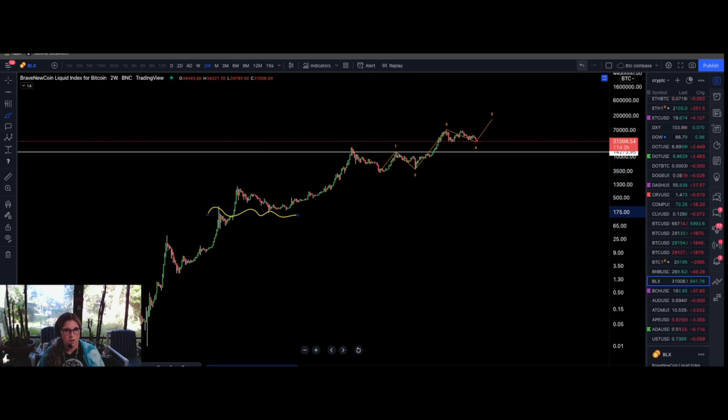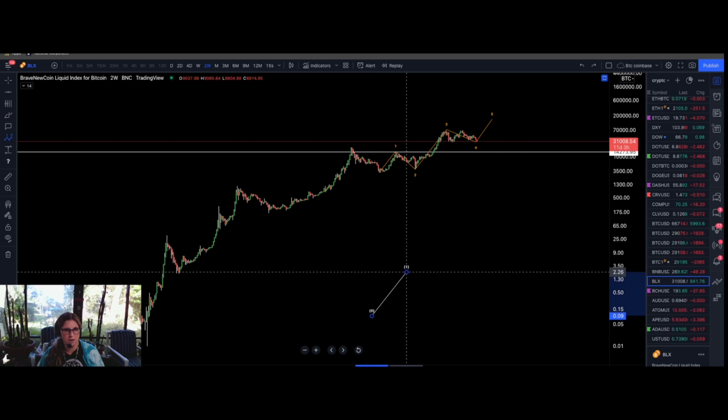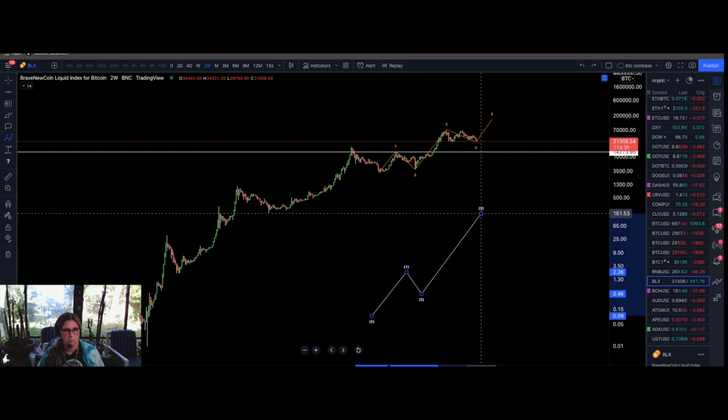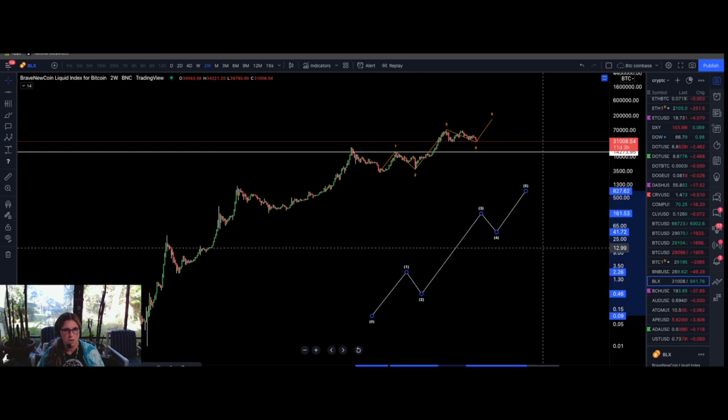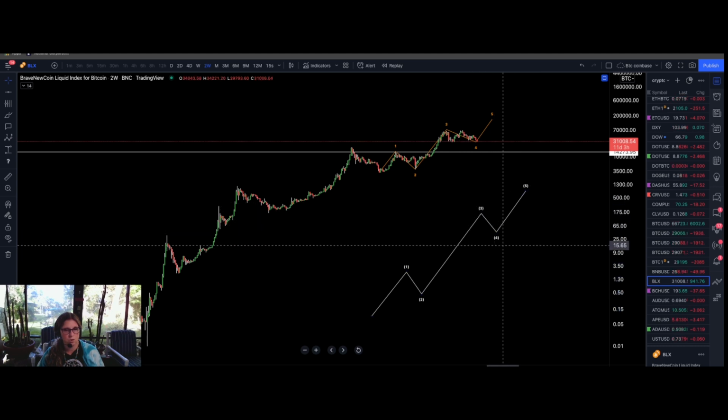In Elliott Wave, there's only two situations where that can happen. The first is you're in a 5-wave move, and it's where you're sandwiching a higher degree 4 and a lower degree 4.